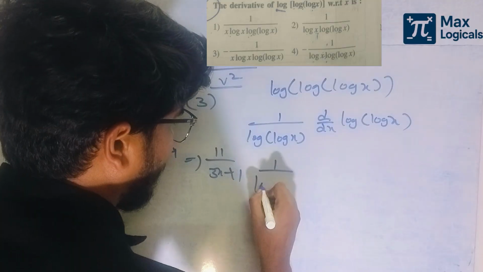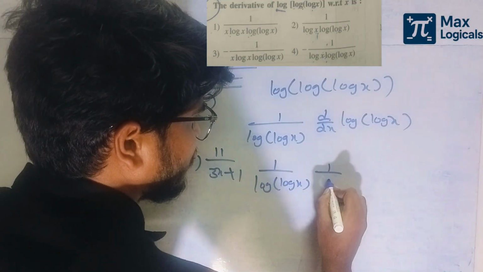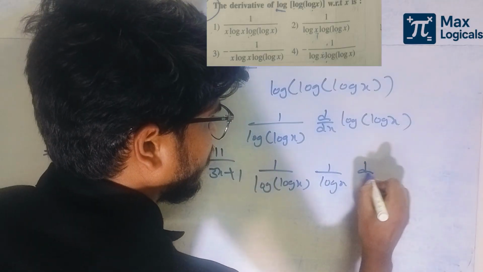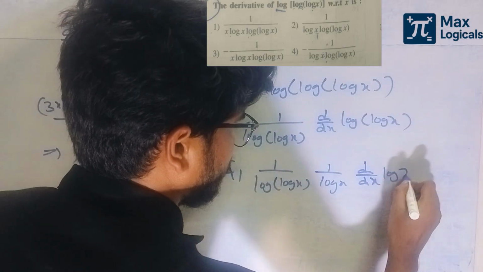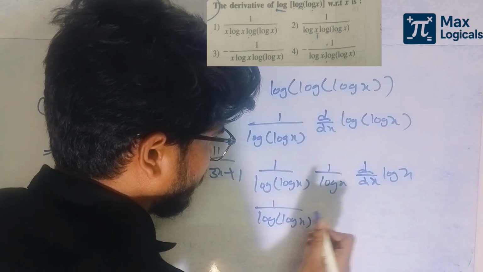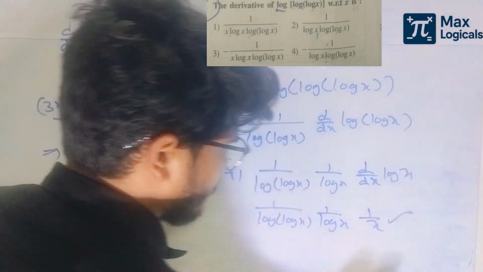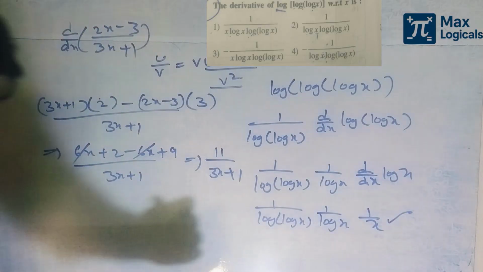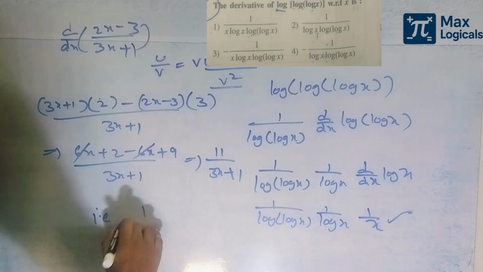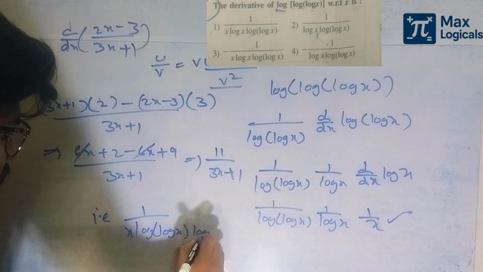Okay, 1 by log of log x, that is 1 by x, 1 by log x. Again differentiation of log x, that is 1 by log of log x, 1 by log x, 1 by x. This is our final answer. That is 1 by x log x into log of log x.